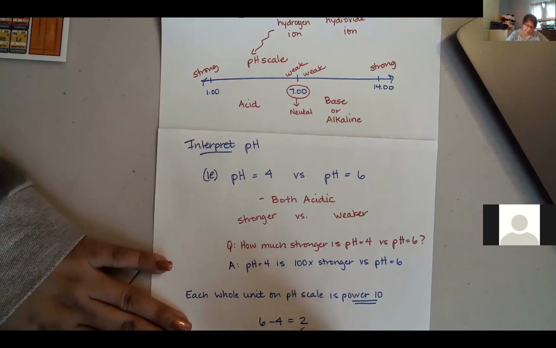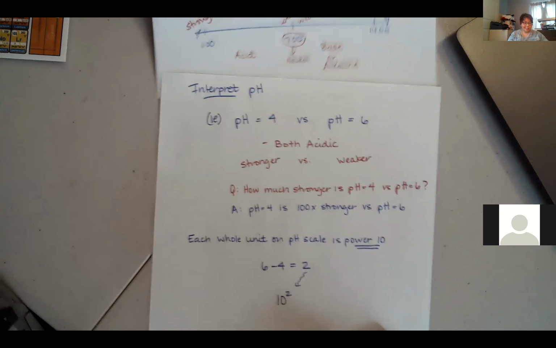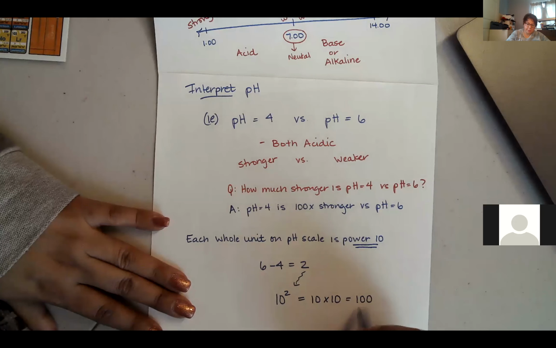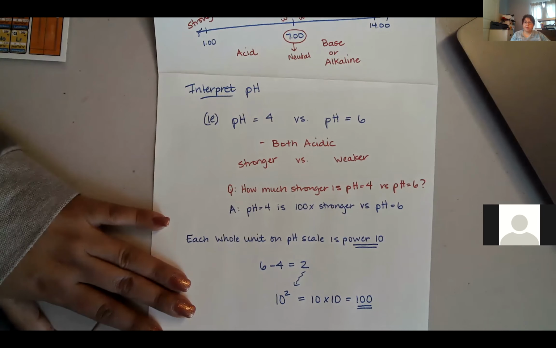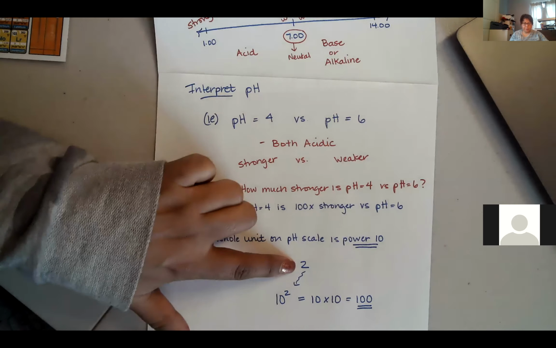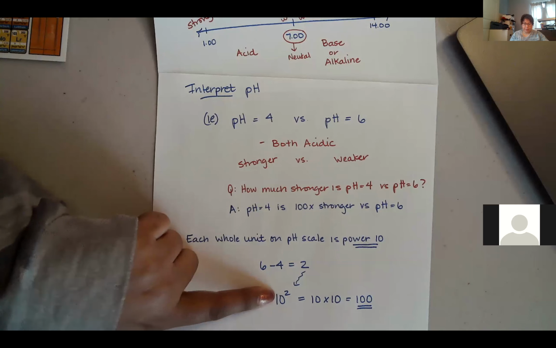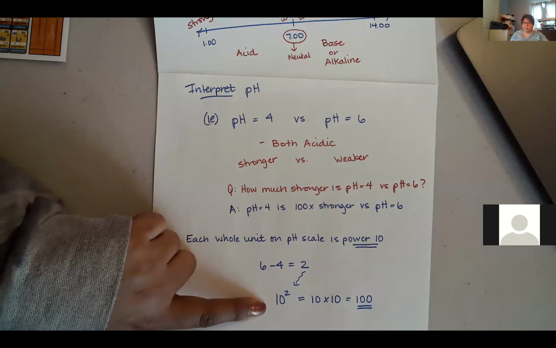So then you would take that 2 and raise 10 to the second power, which is the same thing as 10 times 10, which is the same thing as 100. So the difference between 4 and 6, I understand it's a value of 2, but it's 10 to the second power, which is the same thing as a value of 100.